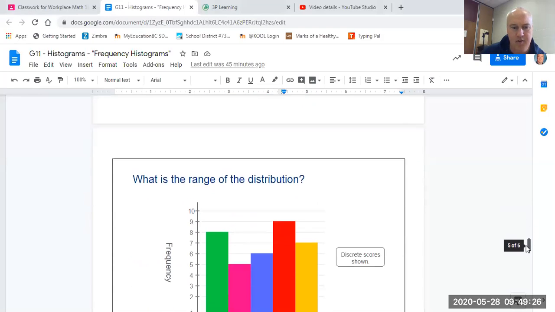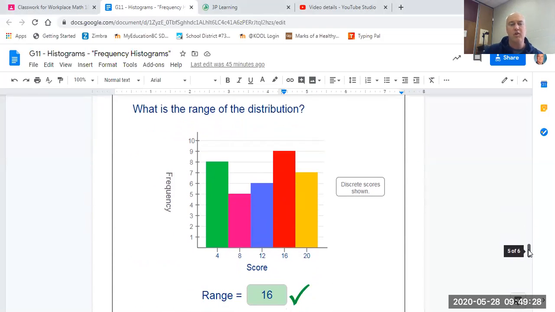So let's take a look at another example. So now this is where we talked about that concept of range. So remember, range is essentially the highest number and the lowest number in the data set. So the highest number here is 20. The lowest number is 4. So the difference between these two, remember difference is the same as saying minus, 20 minus 4 is 16.